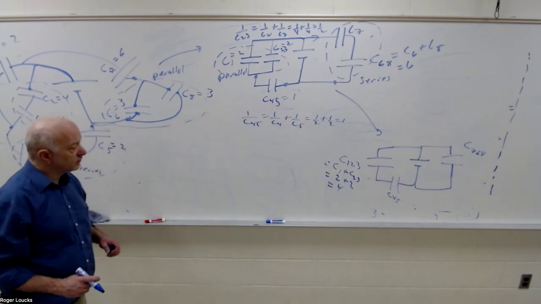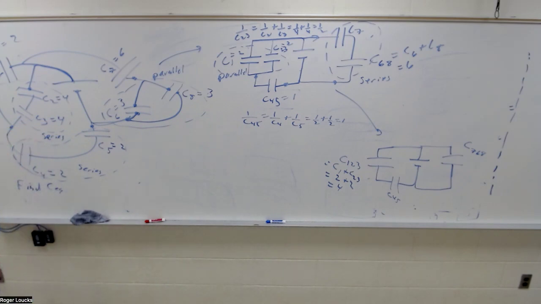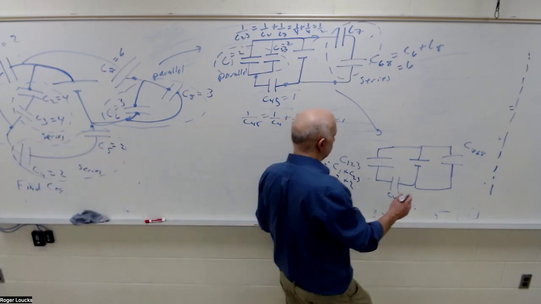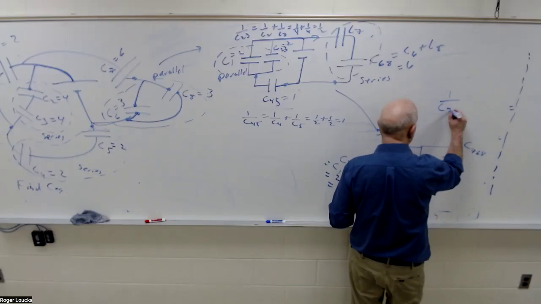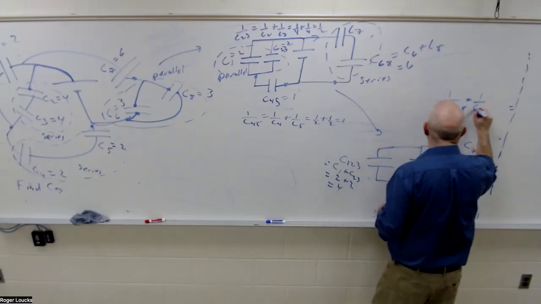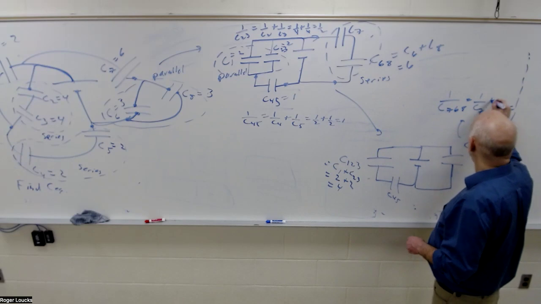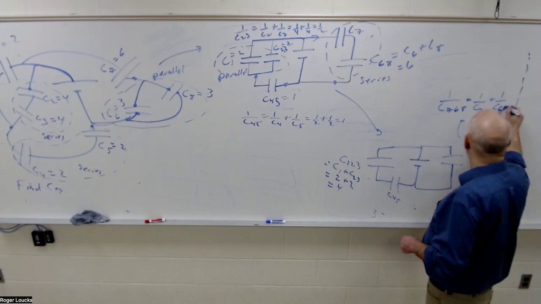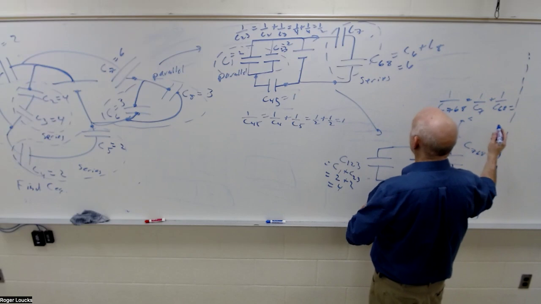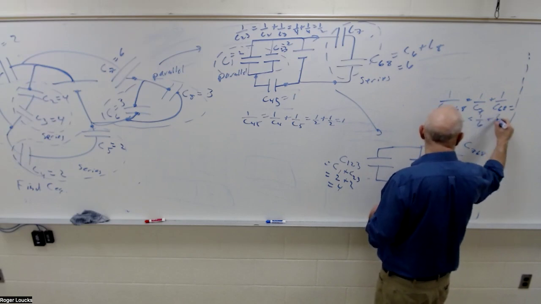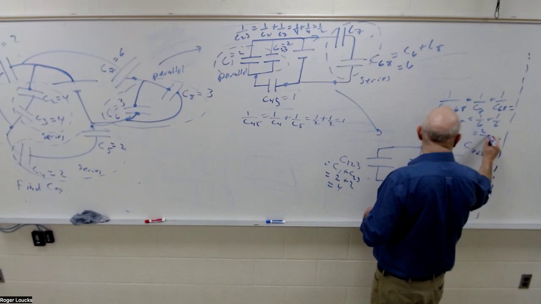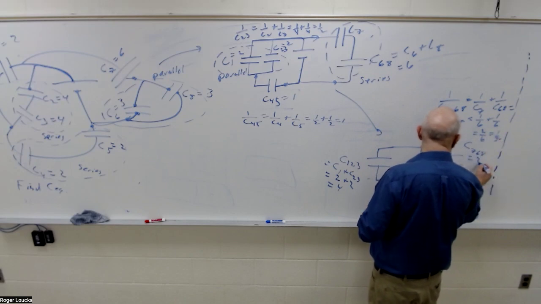And tell me about C6, 7, 8. Reciprocal there. We have 1 over C768, it's 1 over C7, it's 1 over C68. So this is 1 over 6 plus 1 over 6, which is 2 over 6 or a third. So this guy becomes 3.